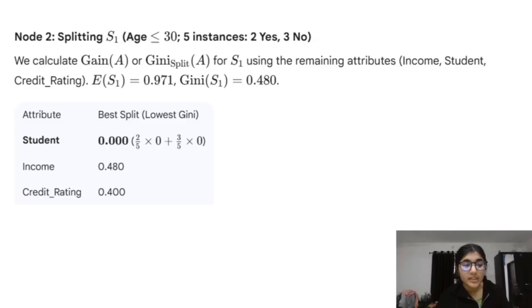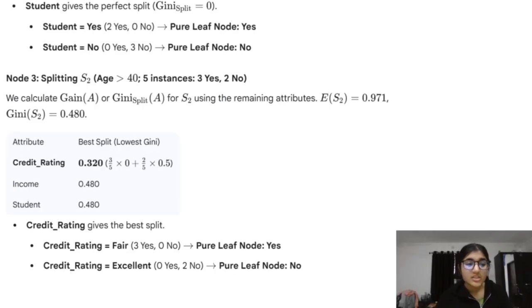For the split, student gives 0, income gives 0.480, and credit rating gives 0.400. Student gives the perfect split, with Gini index 0. Where student is yes, 2 yes and 0 no, the pure leaf node is yes. Where student is no, the pure leaf node is no.